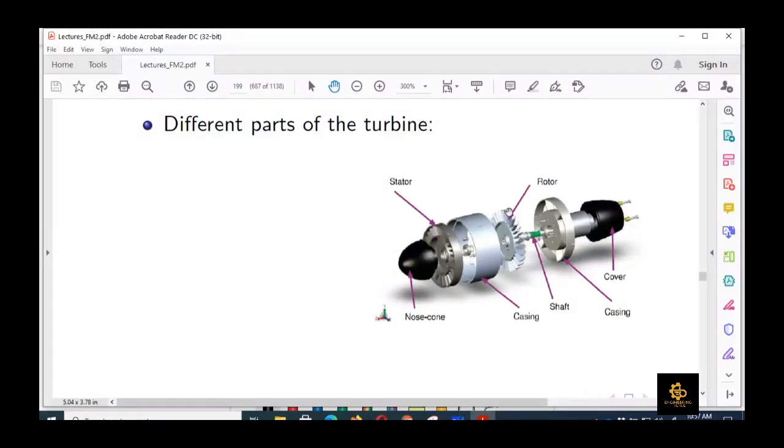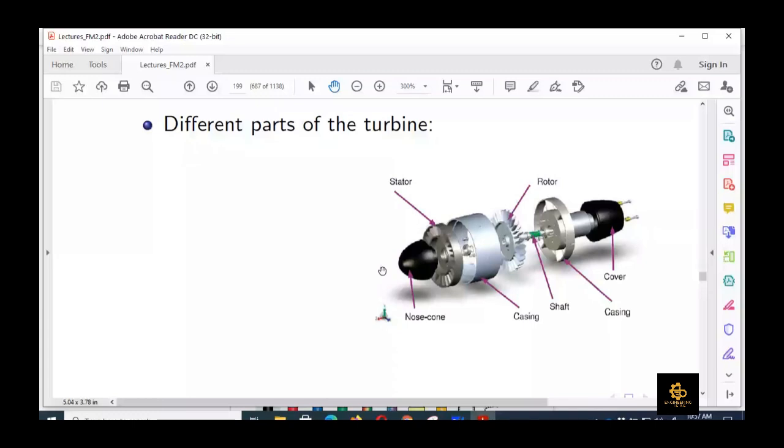As a consequence, this shaft would rotate because of the torque being applied on the rotor blade, and afterwards we would have some kind of generator here. That would produce electricity, right? So that is the different parts of a generic axial turbine.